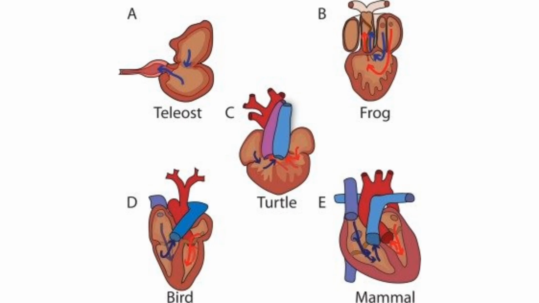Only venous blood passes through the two-chambered heart, hence the name venous heart. The venous blood enters into the heart through sinus venosus and leaves the heart through conus arteriosus.